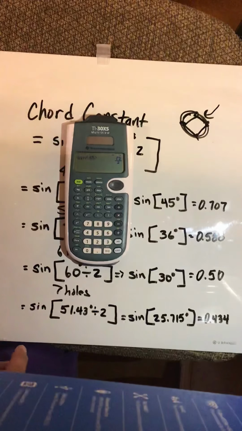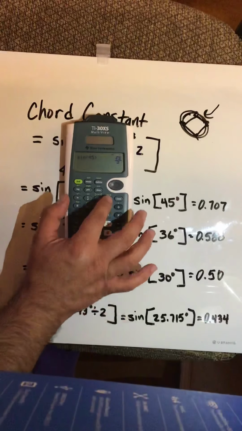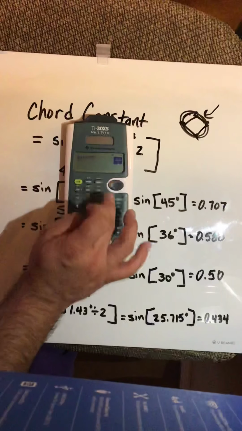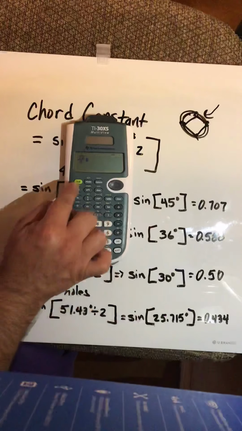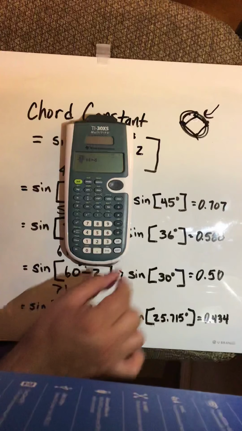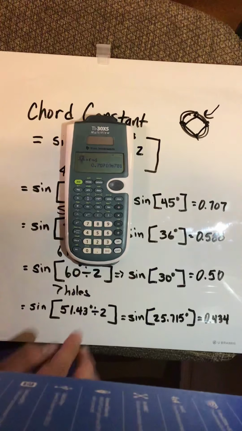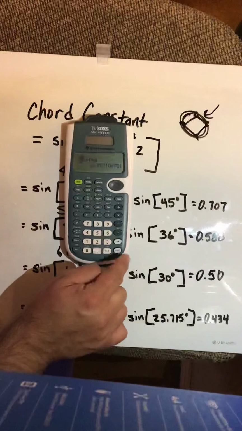And I got square root of 2 over 2, which I'm going to change from a fraction to a decimal, it's going to be 0.707. And that's what I got right here.